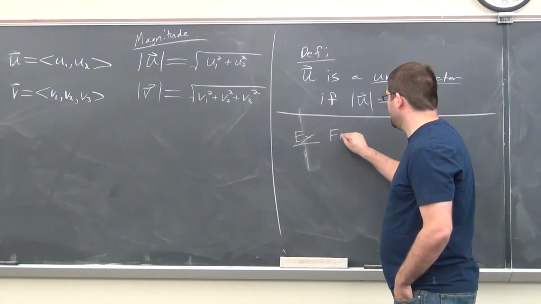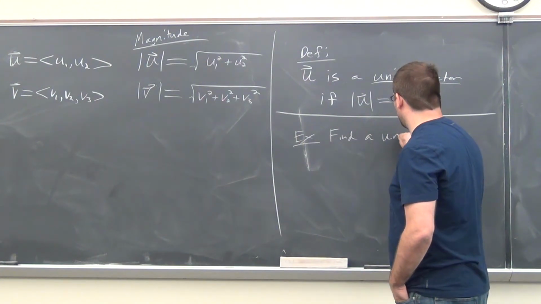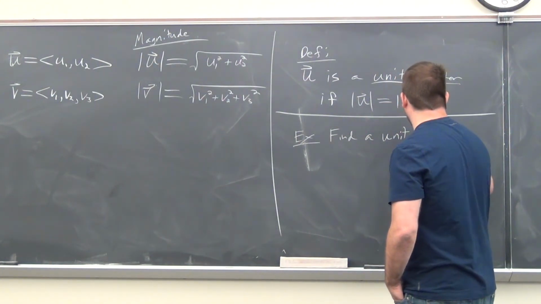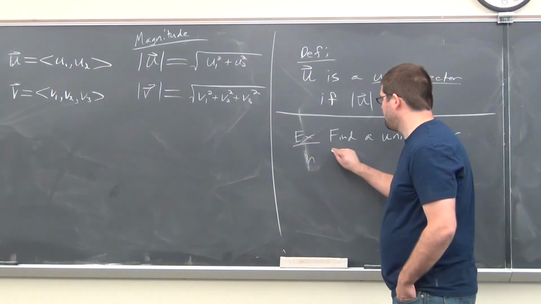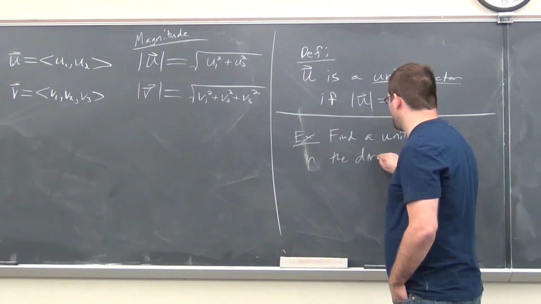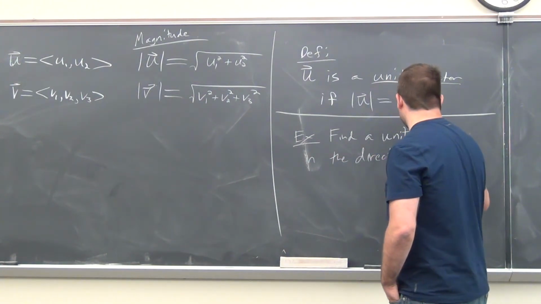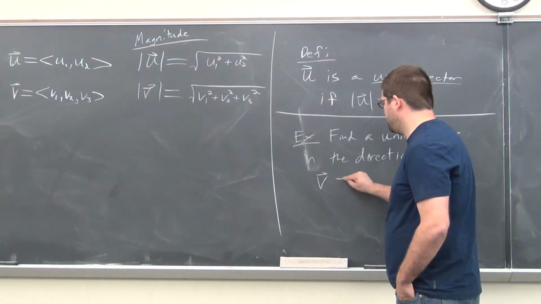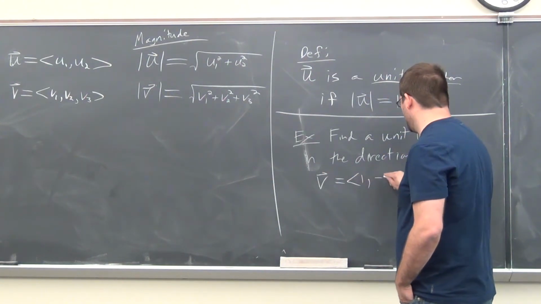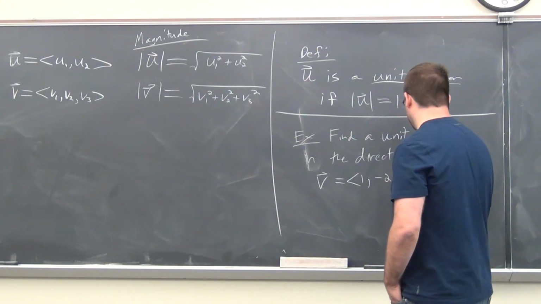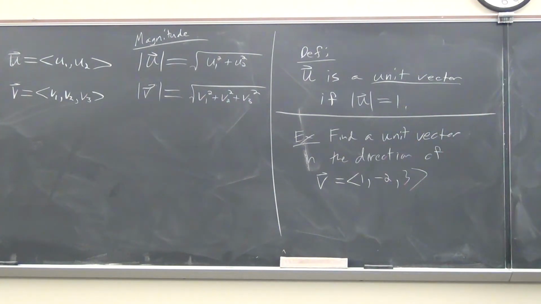So let's do this. Find a unit vector in the direction of v, and let's say v is 1, -2, 3. We've got a vector 1, -2, 3.